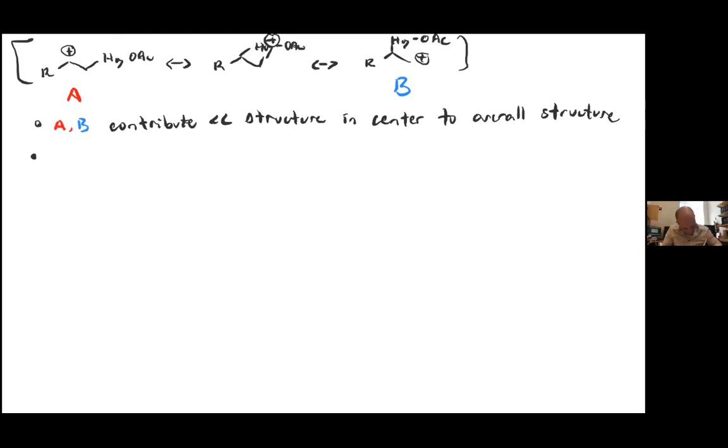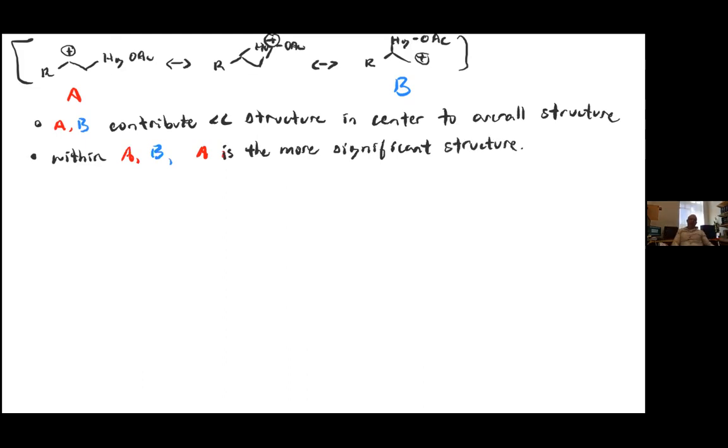And then within A and B, A is the more significant structure, the more substituted carbocation.